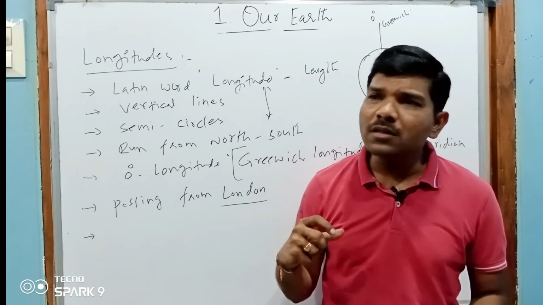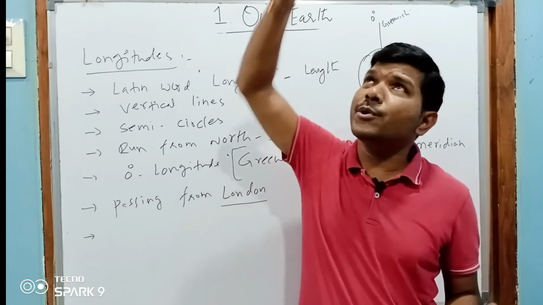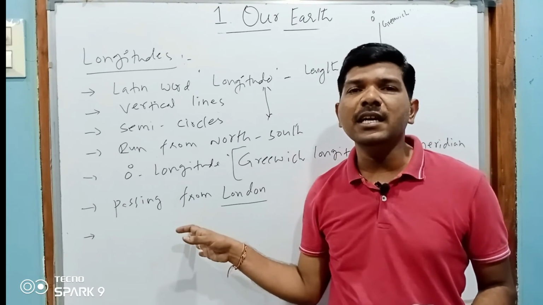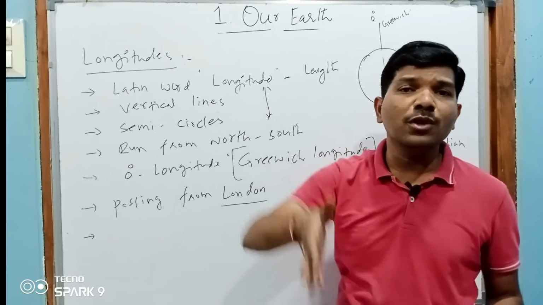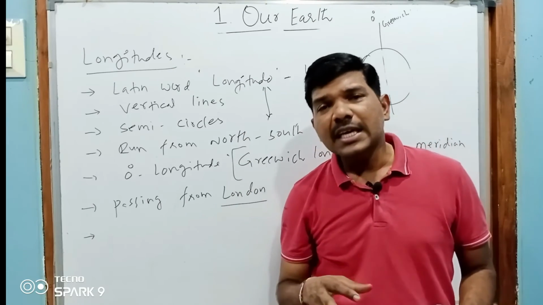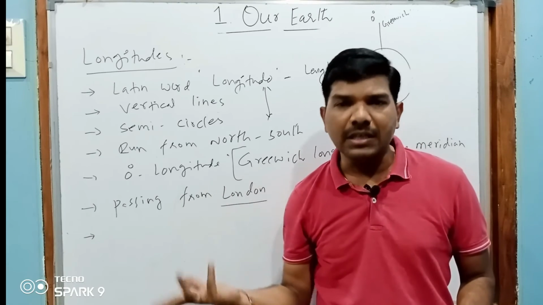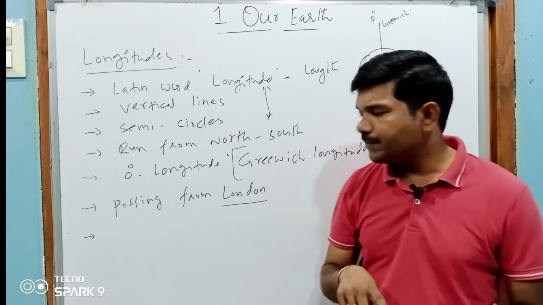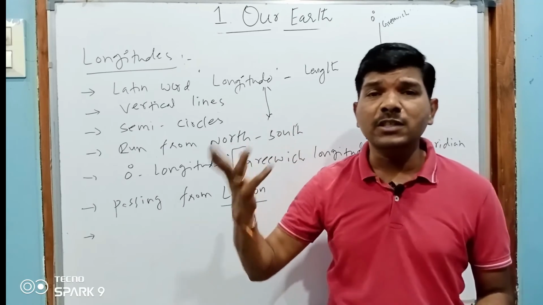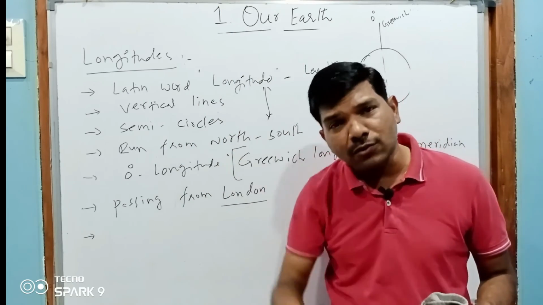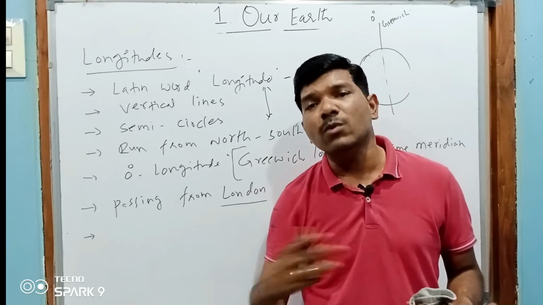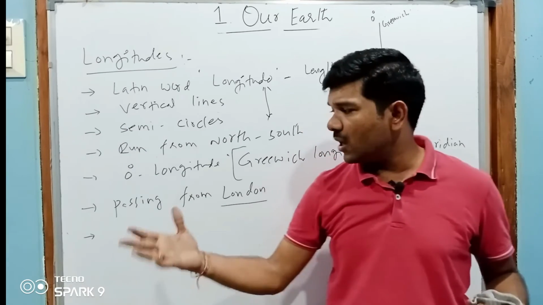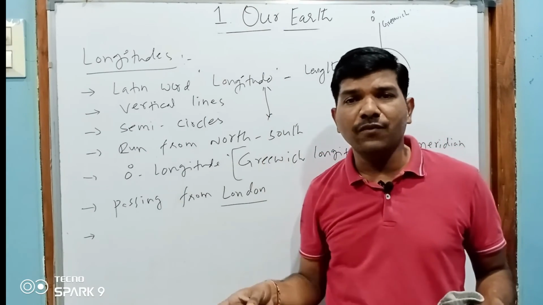But finally England fixed that the 0 longitude passes through England, because at that time England was ruling so many countries and had vast colonies under its control.